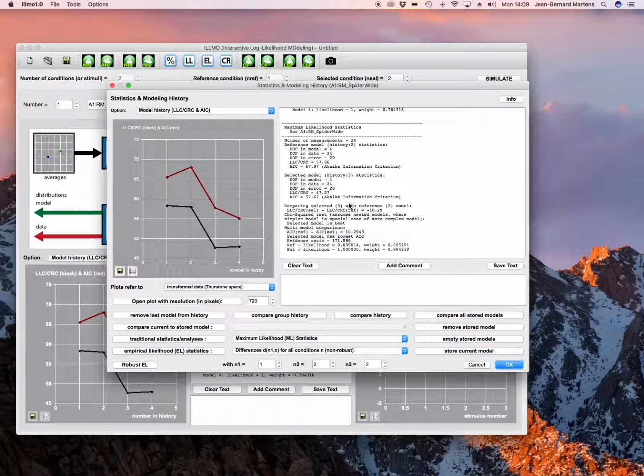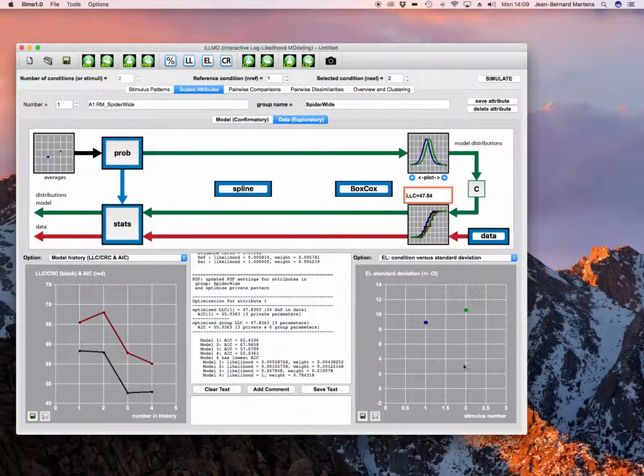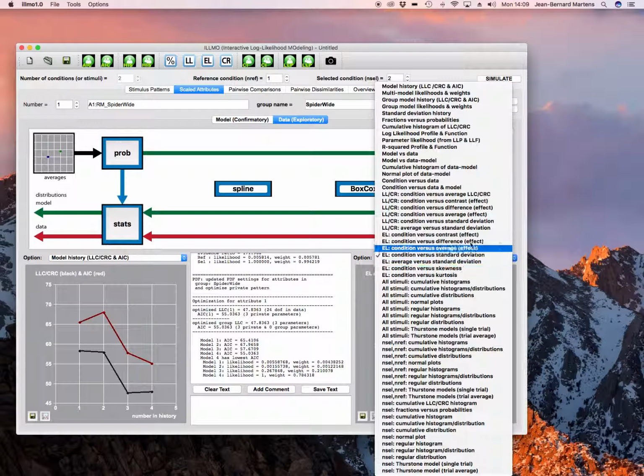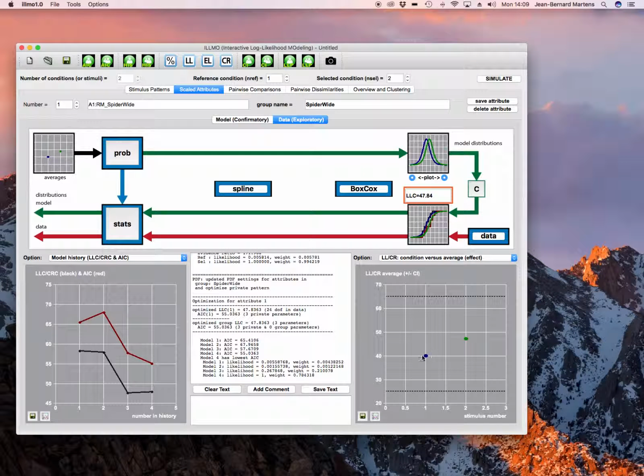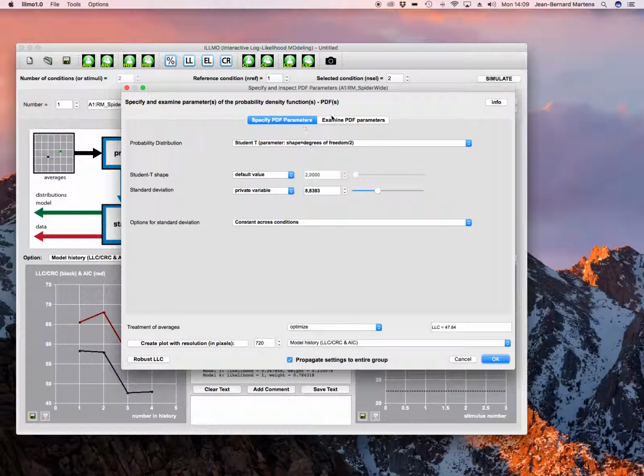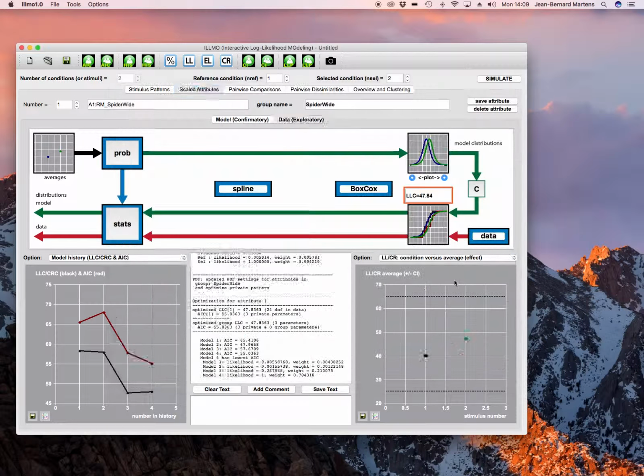A traditional statistical test like analysis of variance would test whether the averages are equal, so we can look at the log likelihood, the condition versus the average. You can see they're kind of similar. We could also create confidence intervals for them.